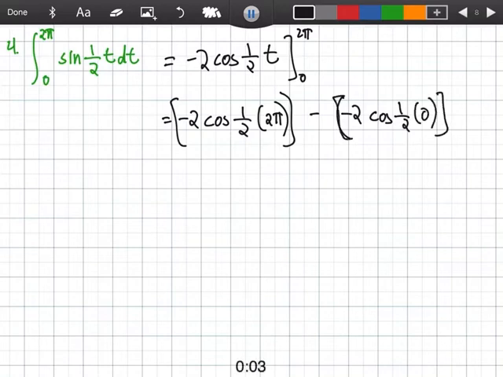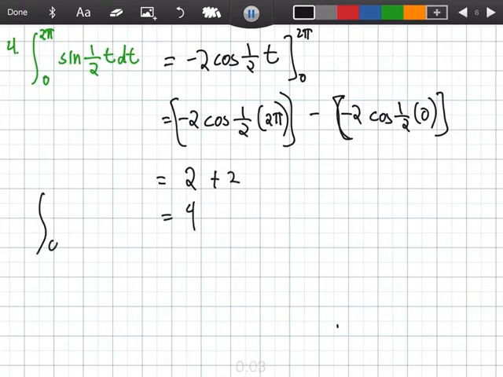Okay? So, 2 pi over 2 is pi. Cosine pi is negative 1. So, negative 2 times negative 1 is 2. Minus cosine 0 is 1 times negative 2, it's negative 2 times negative, it's positive. So, plus 2. So, the answer is 4.